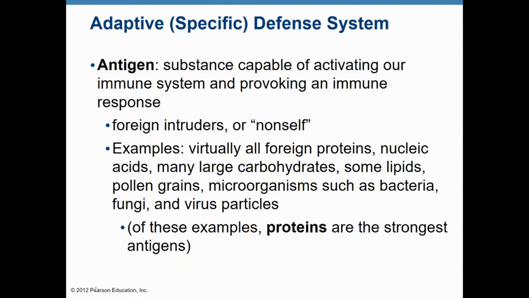Anything that has a genetic makeup that is different than your genetic makeup. So examples of antigens are going to be virtually all foreign proteins, nucleic acids, carbohydrates, and lipids. It also includes things like pollen granules, microorganisms like bacteria, fungal spores, and virus particles.